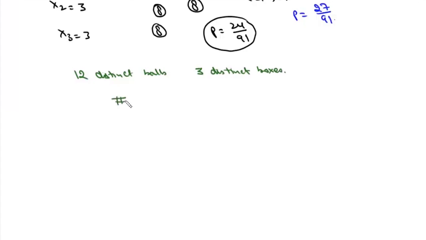Now for each ball we have 3 choices. So the total number of ways of distributing these 12 balls in 3 boxes will be 3 into 3 into 3, 12 times, and there will be 3 to the power 12.